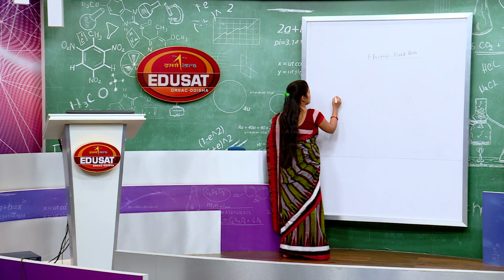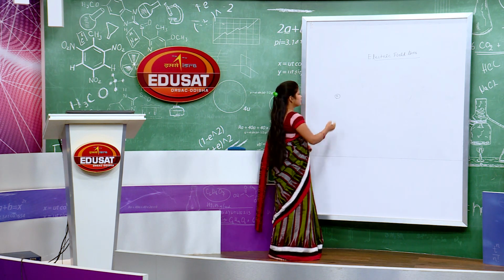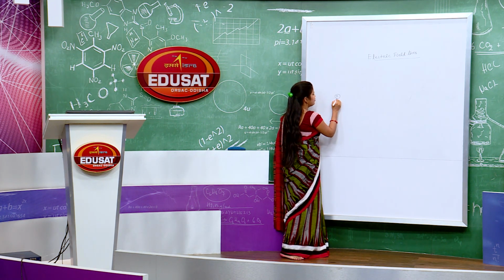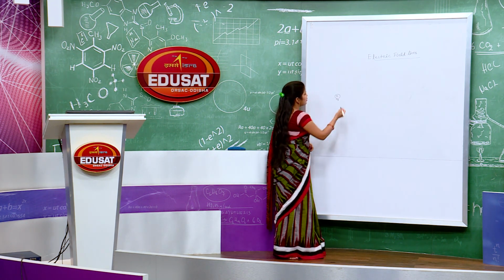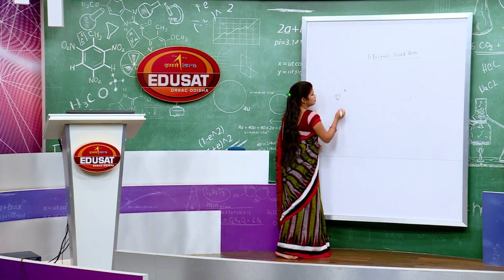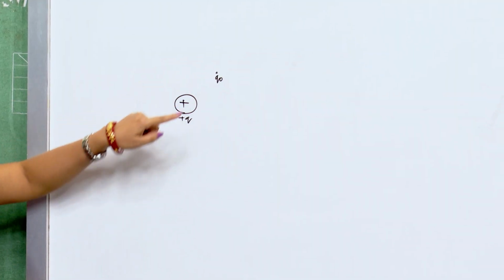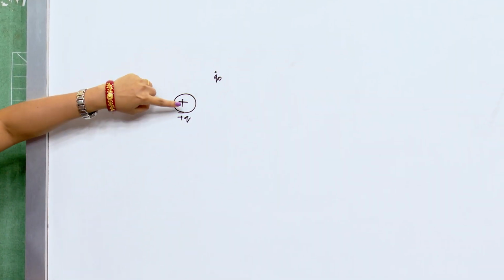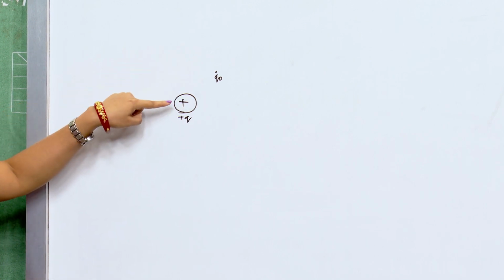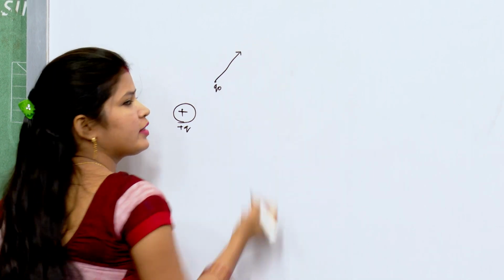See, suppose this is a positive source charge plus q, and just imagine our test charge here, that is q naught, the test charge, and you know the test charge is positively charged, and this test charge will experience a force of repulsion due to positive source charge. So, the direction of electric field will be like this.